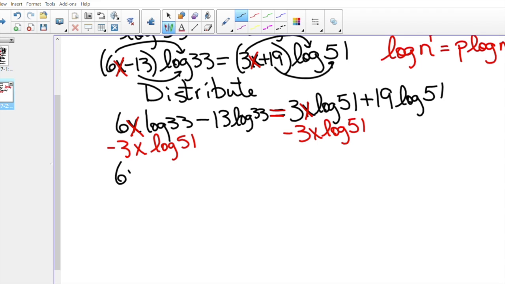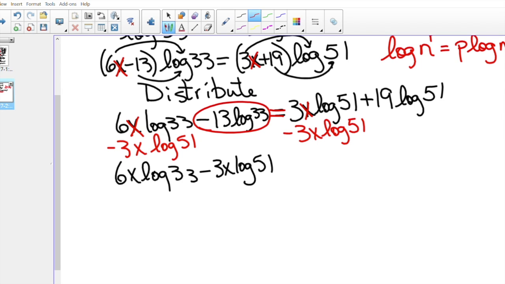So you have to say 6x log 33 minus 3x log 51. But don't forget, a while ago we were talking about this fella does not have an x, so he doesn't need to be over here with the x's. So add 13 log 33 to both sides.